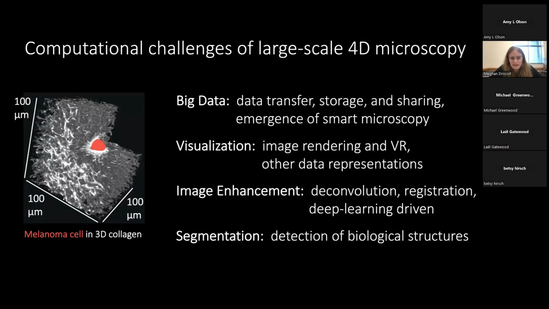In general, there are many difficulties associated with understanding 3D images. I'm thinking mostly of 3D fluorescence images, right, where we have one molecule essentially lit up and the cells are moving. We have problems with big data, we have problems with visualization.